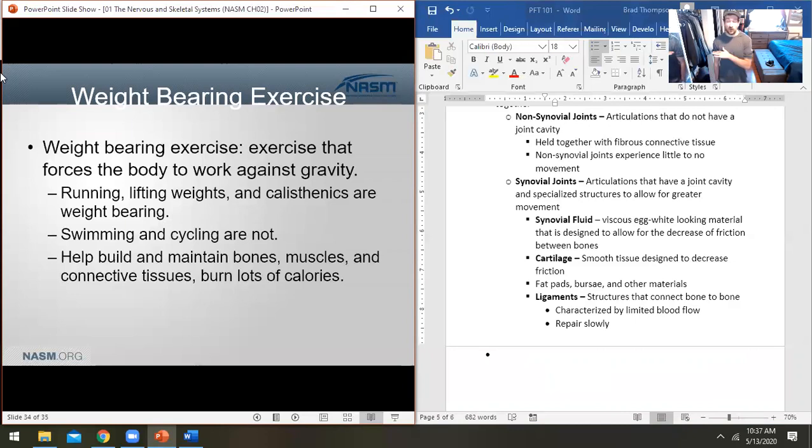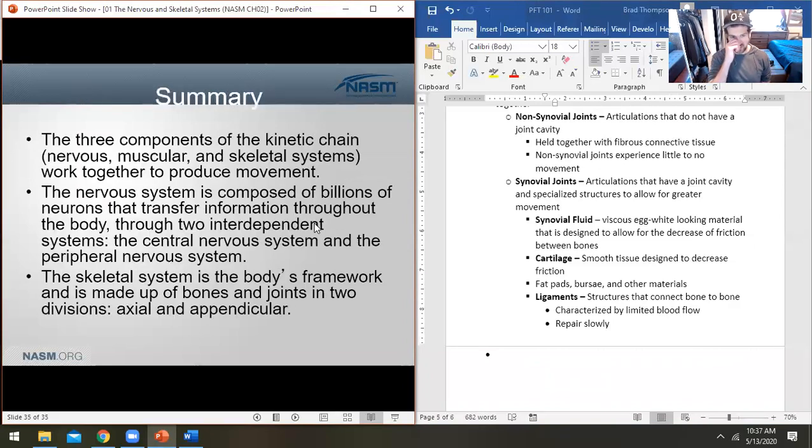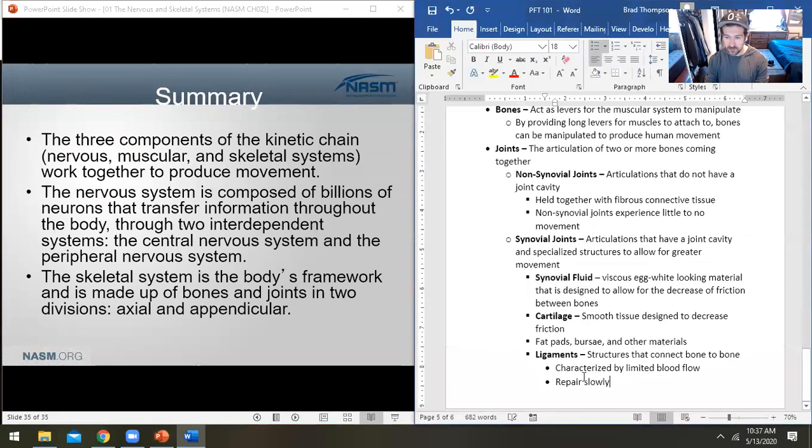Swimming and cycling, while absolutely fantastic forms of exercise, have not been shown to have quite the positive effects on bone density. They're good for other reasons, but if your priority is bone density, you're primarily going to want to focus on weight-bearing exercises.